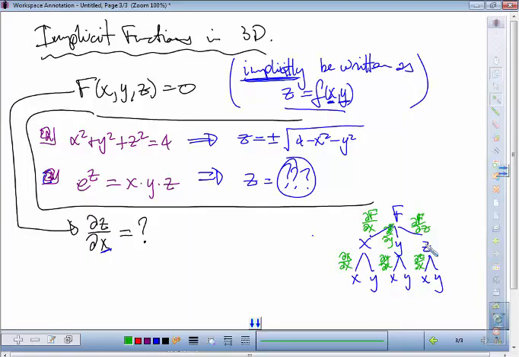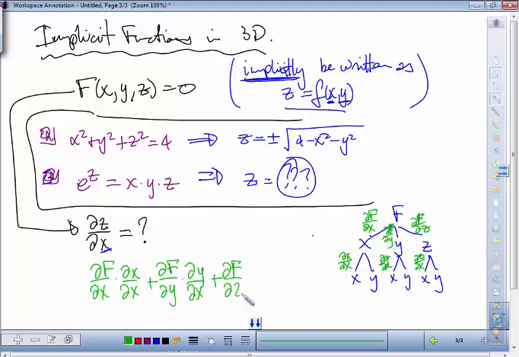So according to my formula, I have the partial of f with respect to x times the partial of x with respect to x, plus the partial of f with respect to y times the partial of y with respect to x, plus the partial of f with respect to z, partial of z with respect to x.